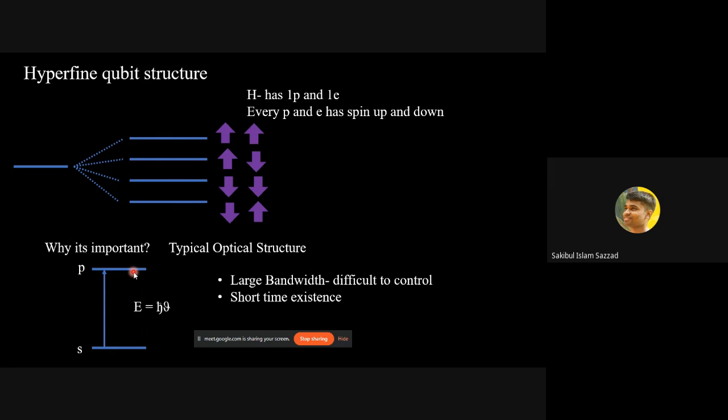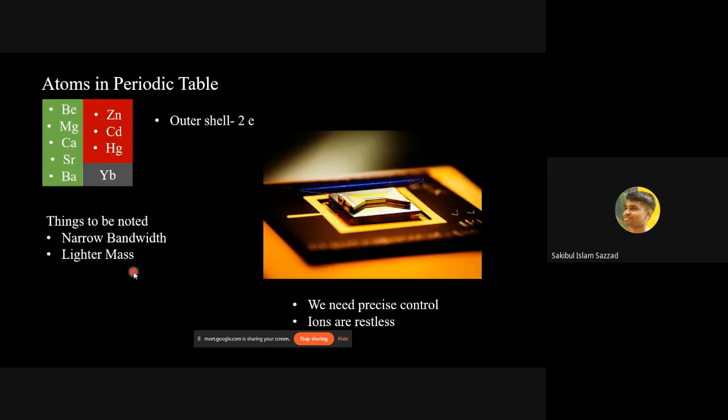Okay, so which atoms can be used for the hyperfine qubit structure? Mainly those that have two electrons in the outer shell. Basically, all these elements have two electrons in the outer shell.